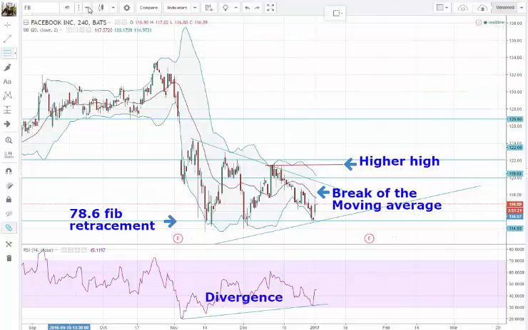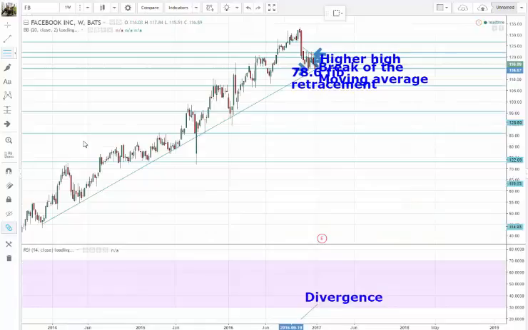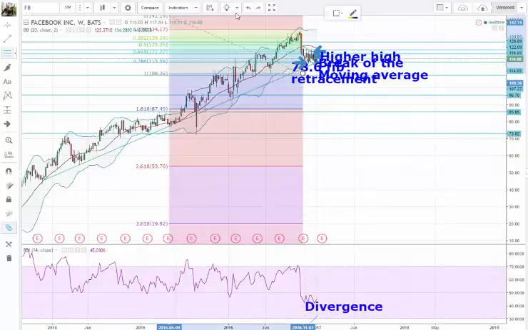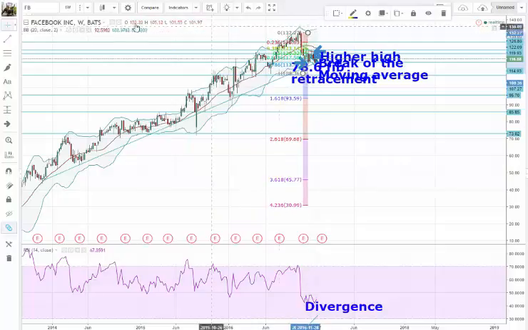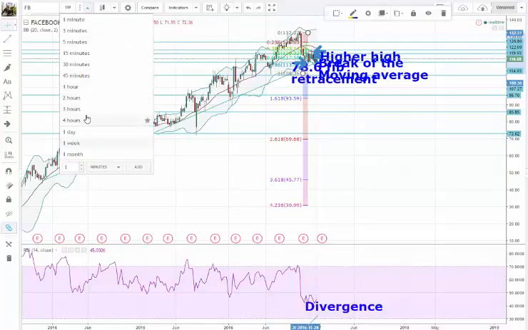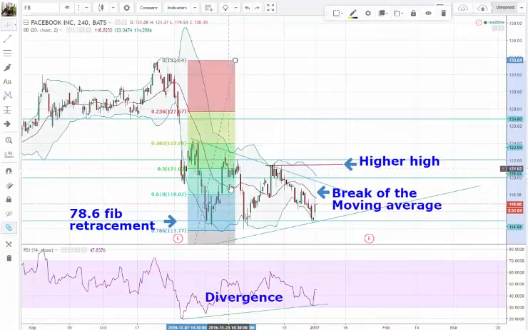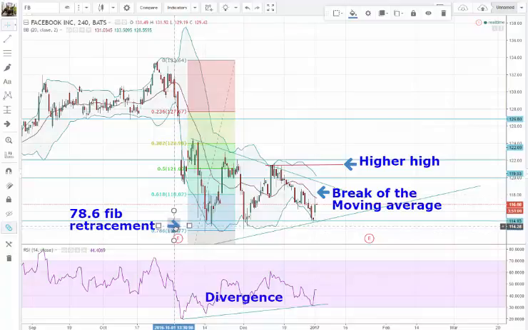I can put it in if you guys don't remember what I'm talking about. That was the level from here to there. Let me go back to the 4 hour to show you what I was talking about. This is the extreme. So as you can see, price is a little lower. It's over here.